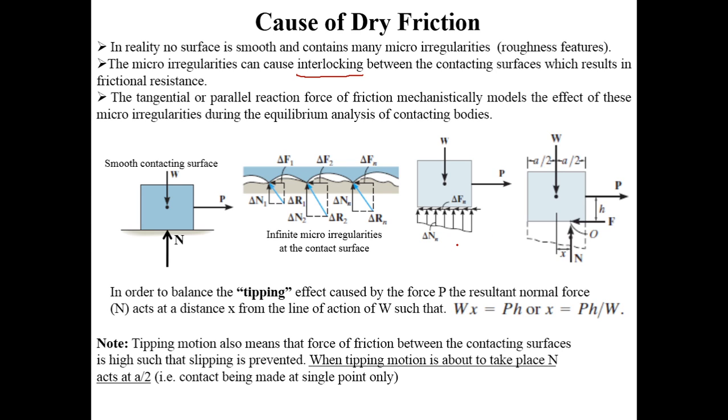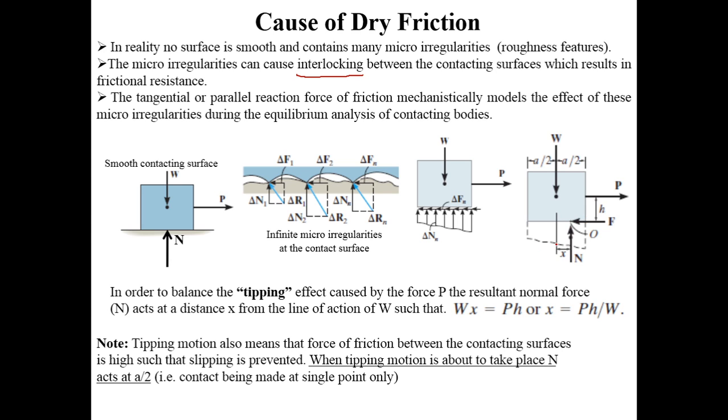So this is the key feature of statics. It enables you to do this. So this distributed system of force delta N can be converted into a single resultant force capital N, shown here like this. And similarly, this system of parallel tangential forces delta F can be converted into a single resultant force F. They are all collinear, therefore they are just the sum. So this F is just the sum of delta F's.